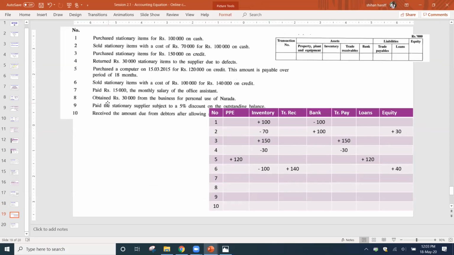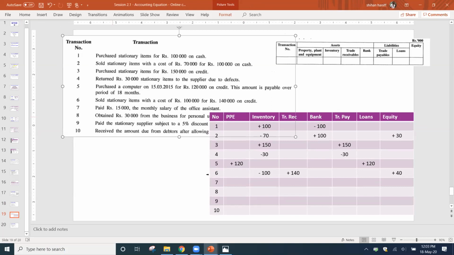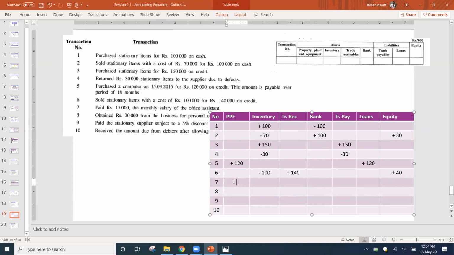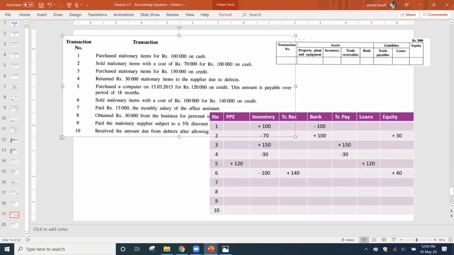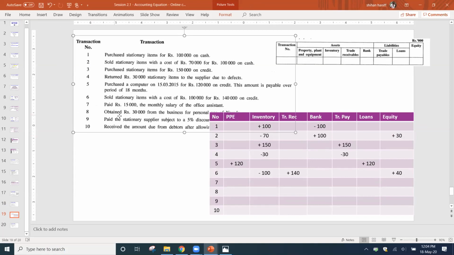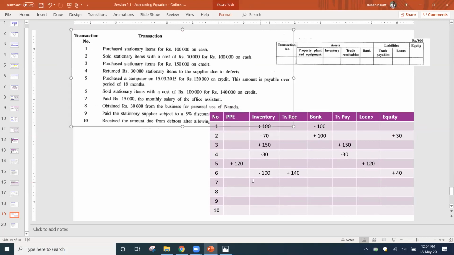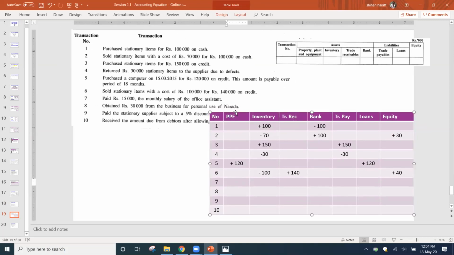Number 7, paid 15,000, the monthly salary of the office assistant.